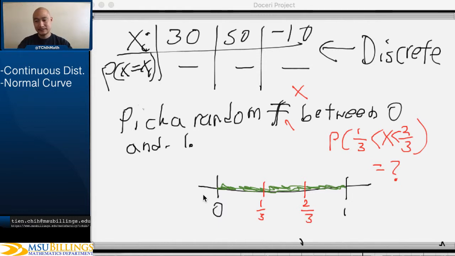And we say, all right, well, if we try to think of this problem the way we've been doing discrete distributions, we'd say, how many numbers between 0 and 1? Well, there's infinitely many of them. And then how many numbers are between 1/3 and 2/3? Well, there's also infinitely many of those, and annoyingly enough, it's the same type of uncountable infinity for both.